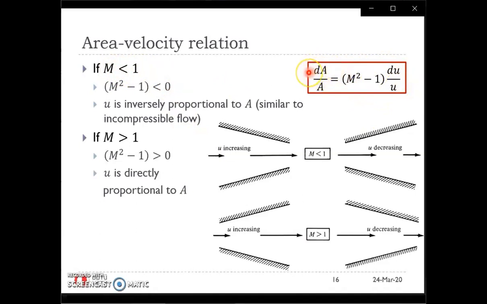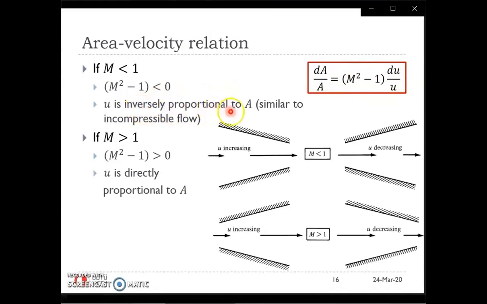Which means that if there is, for example, a positive change in area, if dA is positive, which means area is increasing along the flow direction, that has to be equal to minus du. So it means that the velocity must be decreasing. So an area increase causes a velocity decrease in subsonic flows, which we have learned previously in incompressible flow classes.